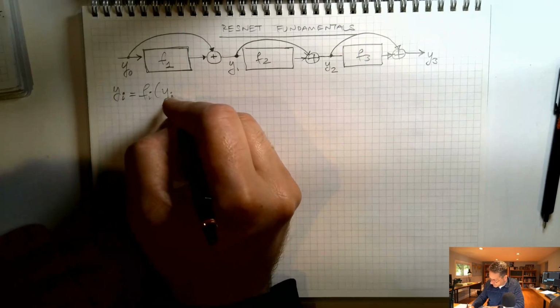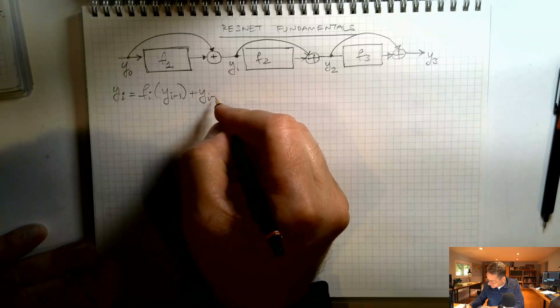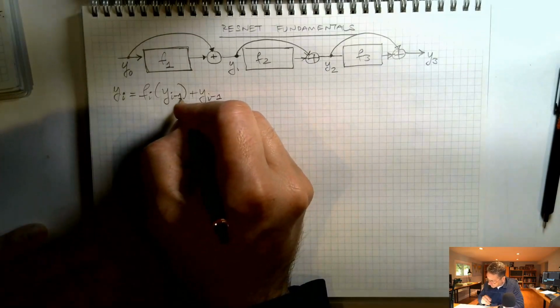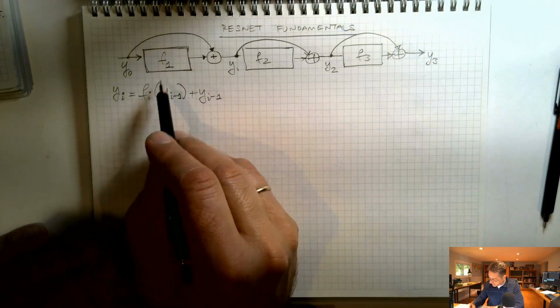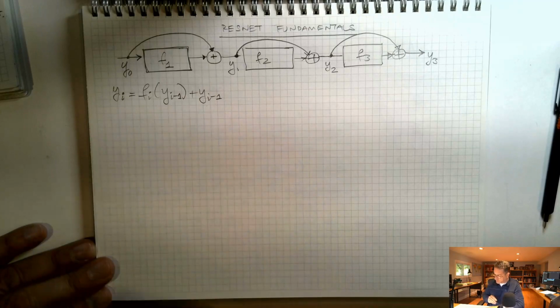So I hope you agree that this is exactly what each of these blocks is implementing: we have Fi of Yi minus 1 plus the Yi minus 1 in each of these.